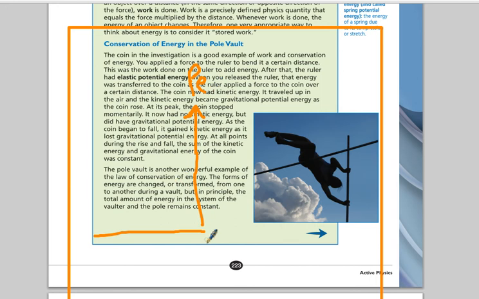The ruler pushes it up over a distance, work, and that work becomes kinetic. That kinetic then becomes potential, and the potential then drops down, and as the quarter drops down, that potential becomes kinetic energy.